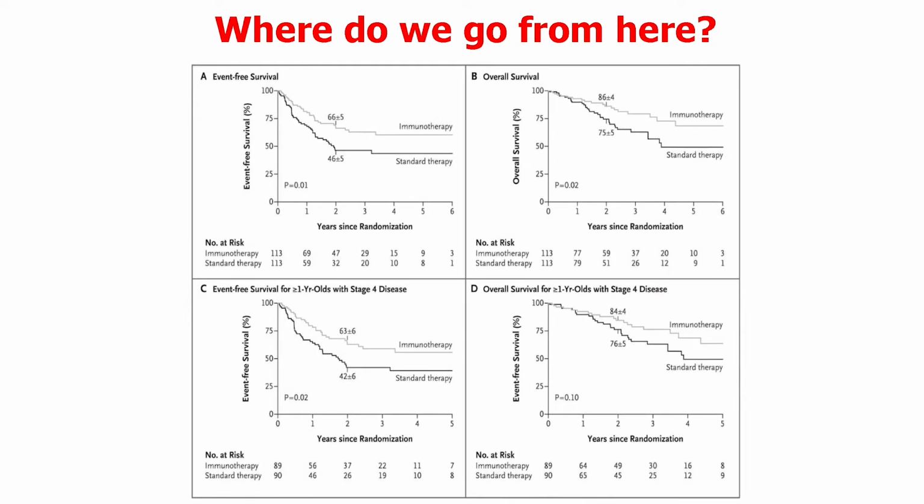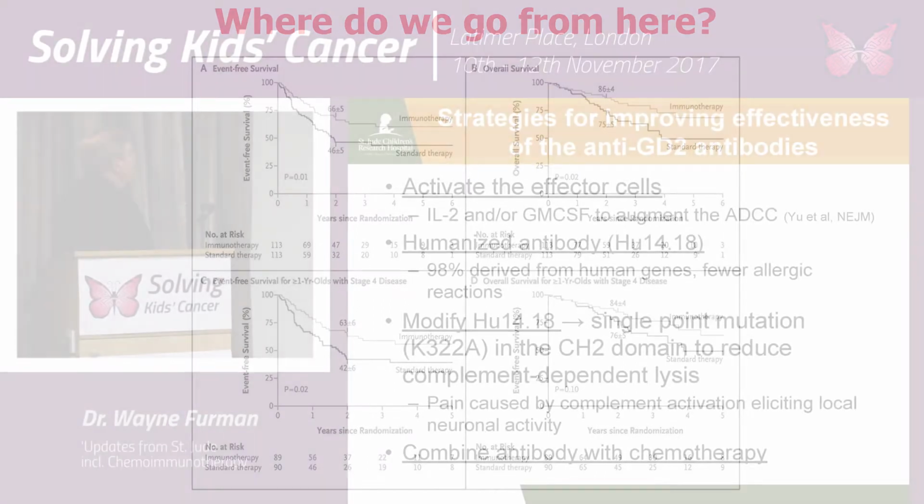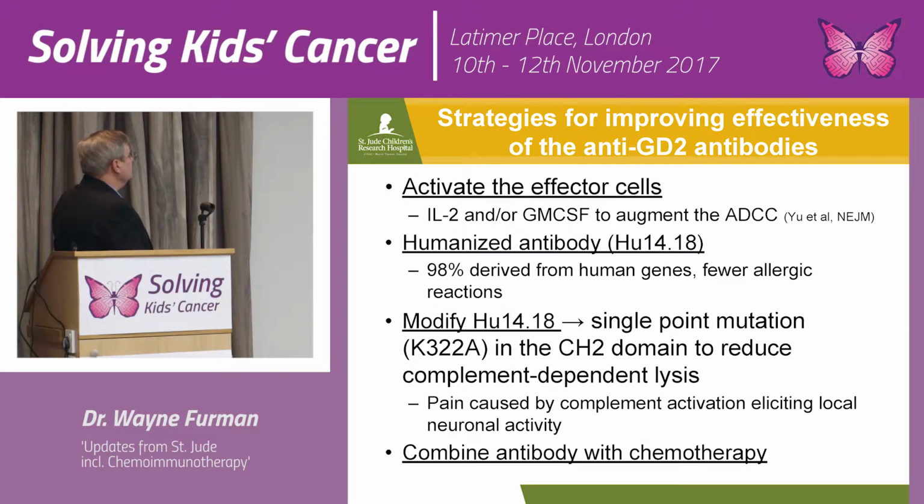And as I learned more immunology, there have been a number of strategies to try to improve the response that Dr. Yu's group has used. One we've already heard about, interleukin-2 and GM-CSF. And again, these are used to augment the ADCC. IL-2, whether or not it works, I think, has a lot to do with the dose that's given.